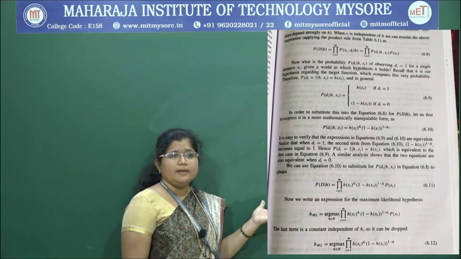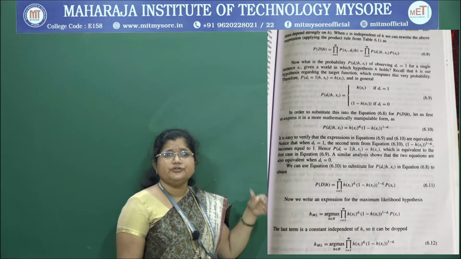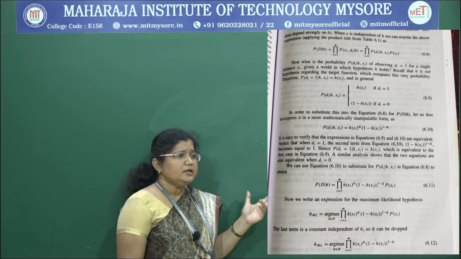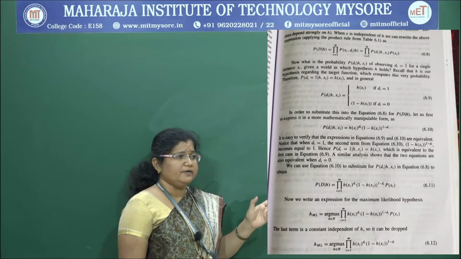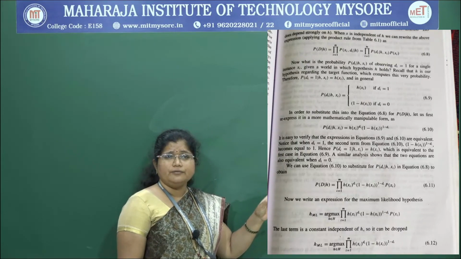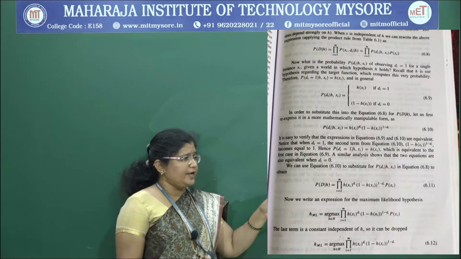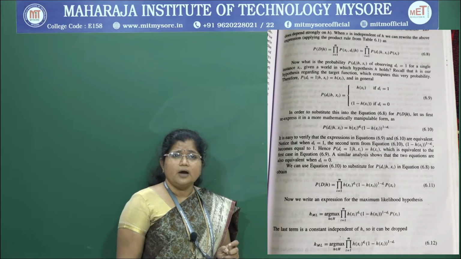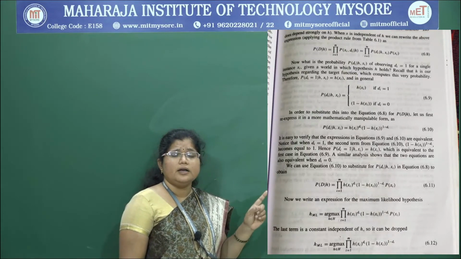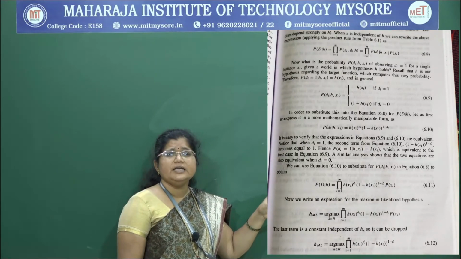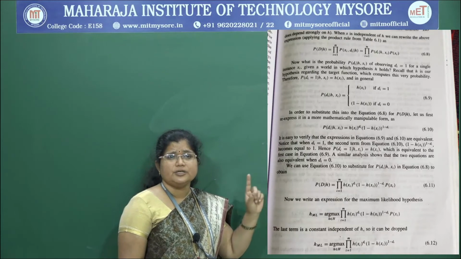So, rewrite the above equation. Mathematically, we should manipulate the form as written. Here, P of di given h comma xi equals h of xi to the power of di, into 1 minus h of xi to the power of 1 minus di. Now substitute equation number 4 for P of di given h comma xi in equation number 5.